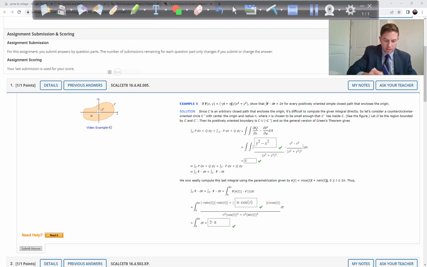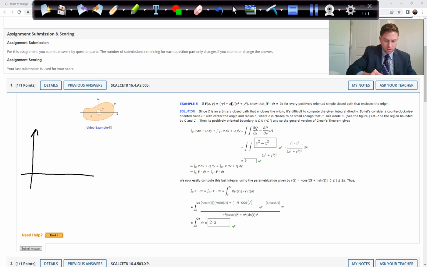So basically it says, if we have a curve, I'm going to draw it a little differently than what they have shown there. So let's say we have this closed curve, and we call that C, and we're going to consider counterclockwise to be positive and clockwise to be negative.